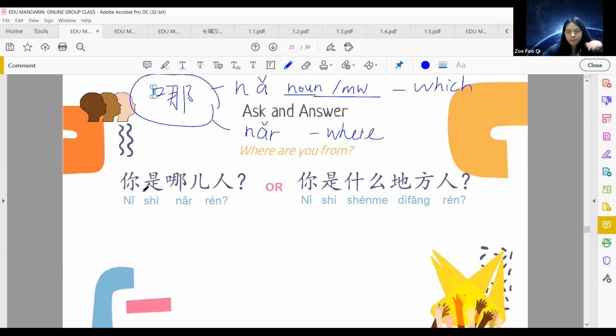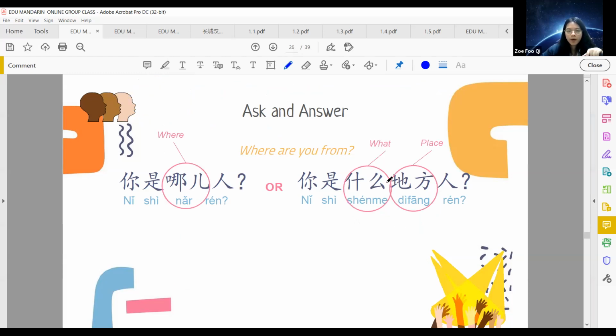Okay, where are you from? 你是哪人 or 你是什么地方人. If you still remember, 什么 is what, and then 地方 is a new word, which is place. So actually, this one is also where. So where are you from?